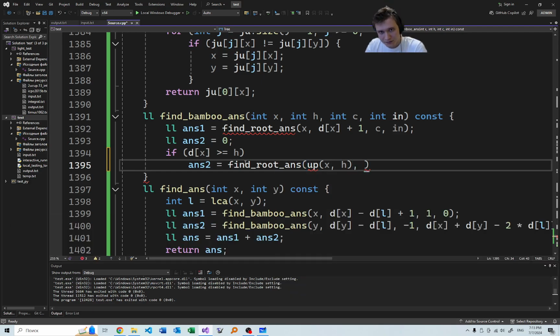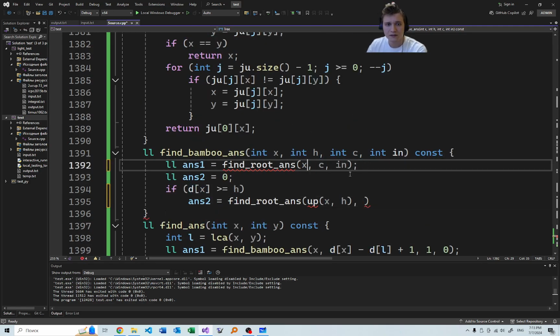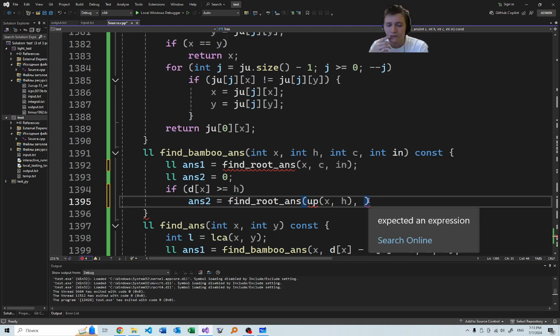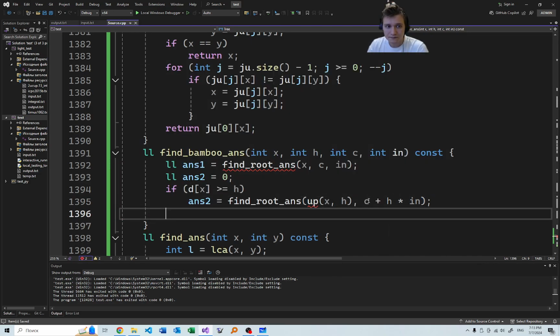Then I need to, actually I don't need this number, I guess. Then I need to say that it is c plus h times in. And then I return ans.